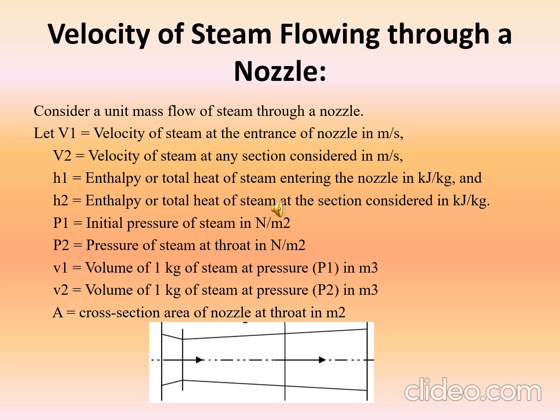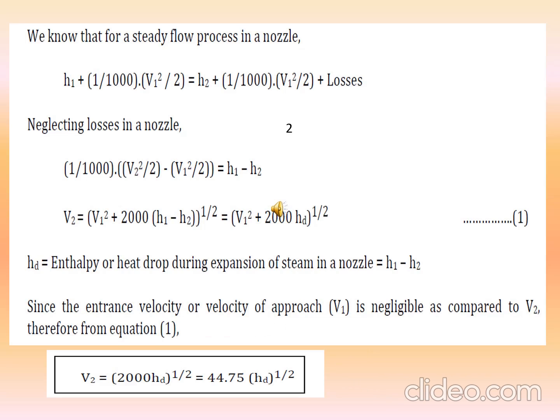If we consider the fluid at pressure P1 and enthalpy h1 with a low velocity v1 passing through the duct or passage, what is happening here? The fluid will accelerate, converting low velocity to high velocity and high pressure to low pressure.